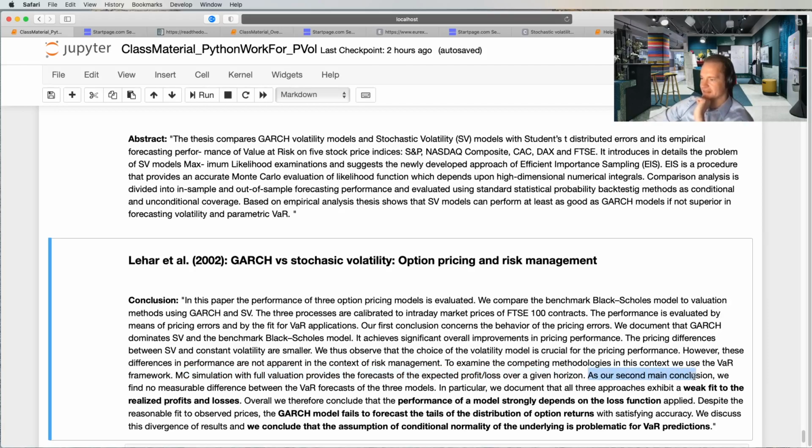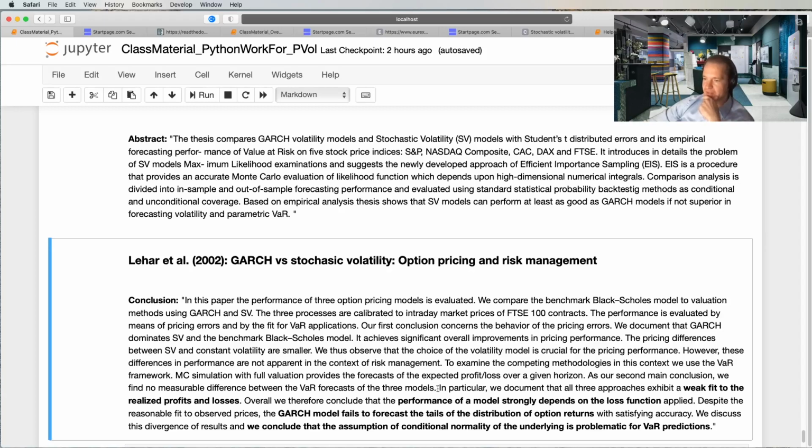As our second main conclusion, we find no measurable difference between value at risk forecasts of the 3 models. Again, what I say, it's very inefficient, this value at risk thing, because you go for low probability events. That's interesting. It doesn't make a difference in terms of characterizing the tails. But then why does it matter for the options? I wonder.